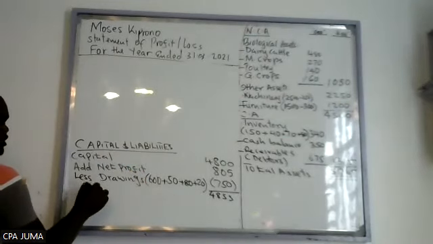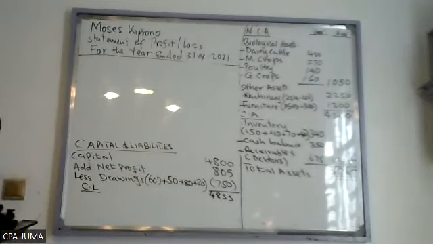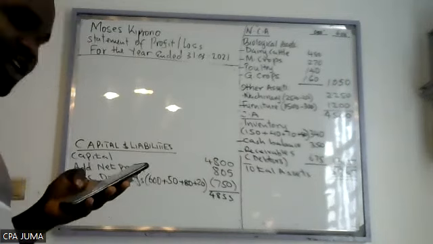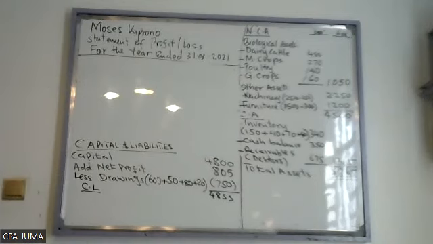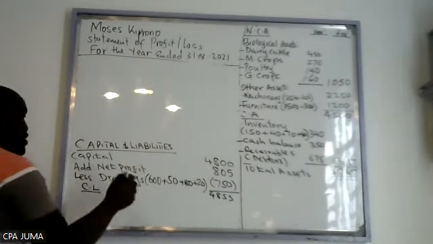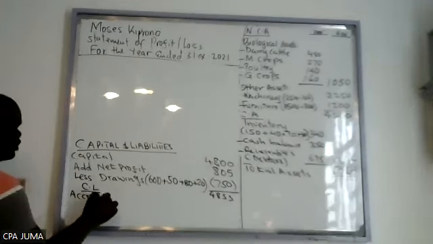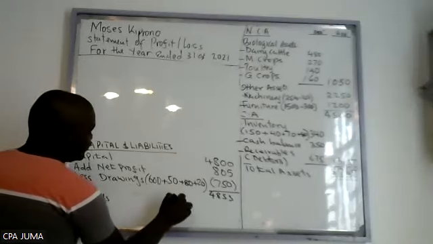Current liabilities. So current liabilities, there is accruals. Check the accruals, the last in the trial balance. You'll see accruals of 230.